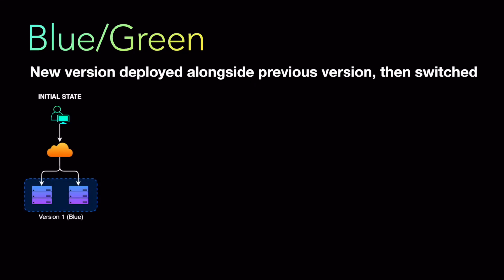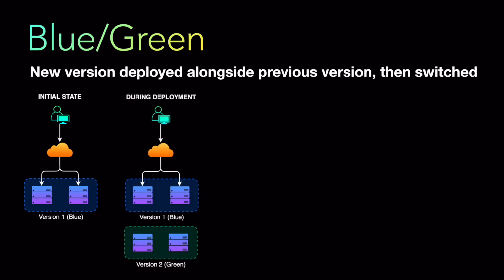So let's see how that happens. In your initial state, you have this, which we are calling the blue, which is the initial version, right? During deployment, you are deploying your version 2 in a completely new environment, which is the green environment. At that point of time, while the deployment is happening, you have your blue and the green environments completely up, right?